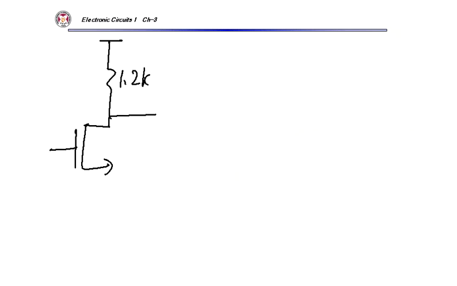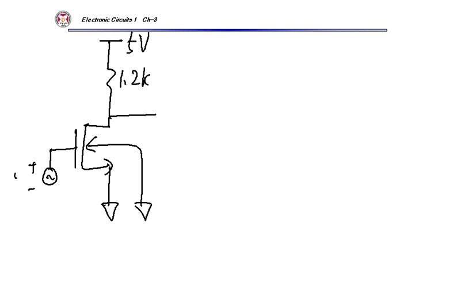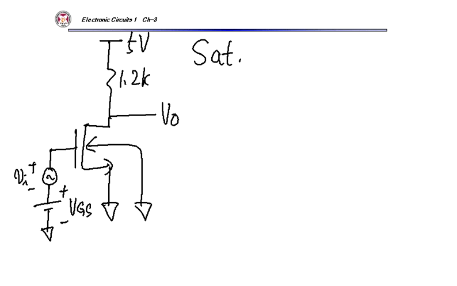So what's the voltage gain here? I adjust VGS so it works in the saturation region. Then this VO will have some DC component and small signal component, right?